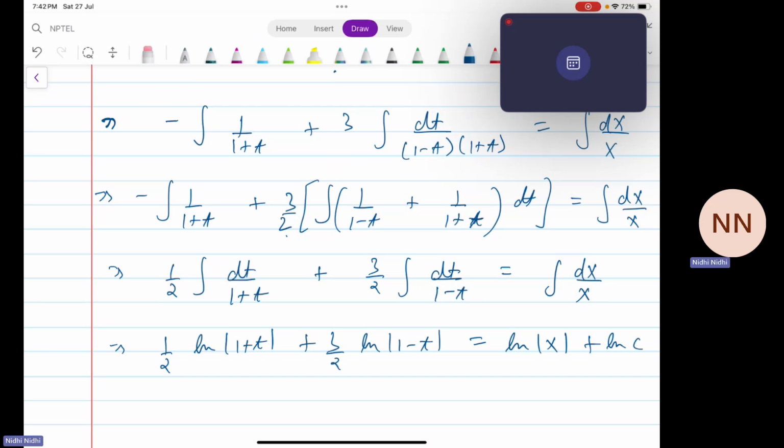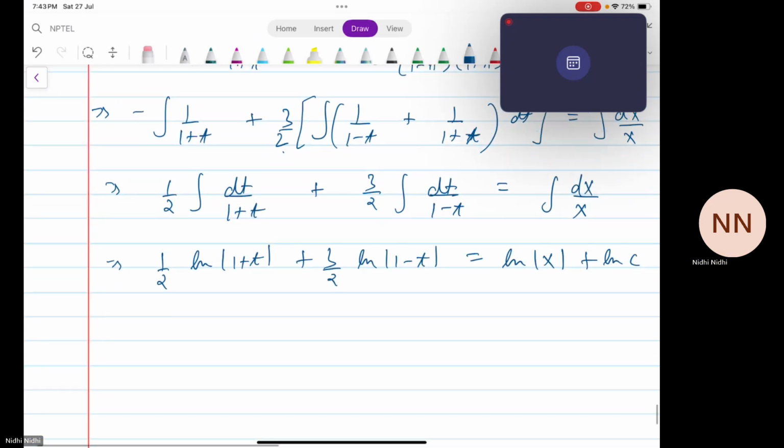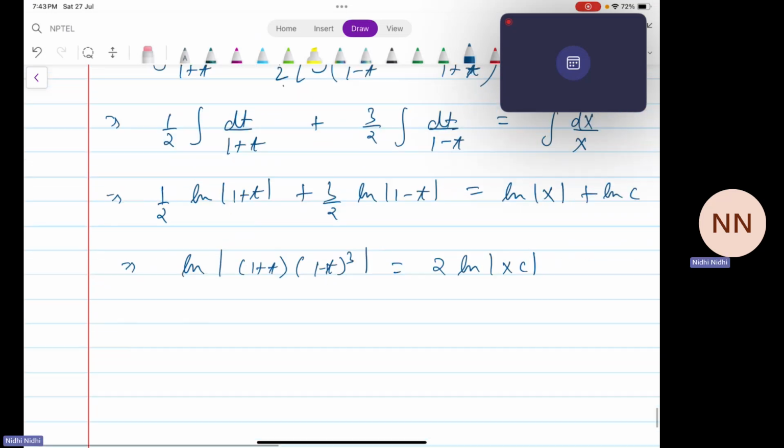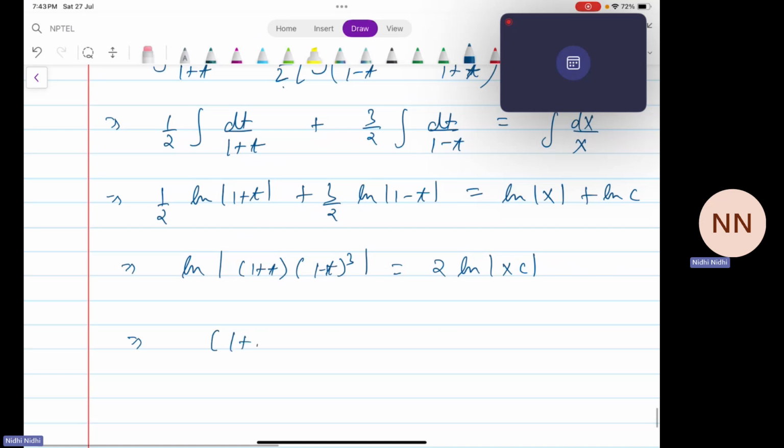We took the constant to be ln c again, so that we can use the properties of the logarithmic function. This gives us ln (1 plus t)(1 minus t) cube is equal to 2 times ln xc, which is (1 plus t)(1 minus t) cube equal to some constant c1 x square, where c1 is c square.